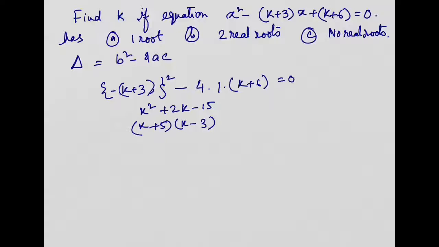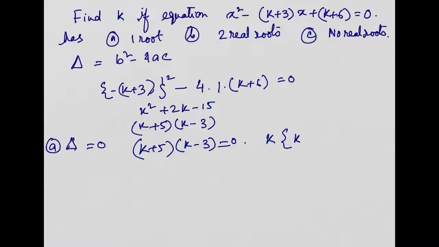So delta equals 0, therefore (k plus 5)(k minus 3) equals 0. Therefore, k belongs to minus 5 or 3.